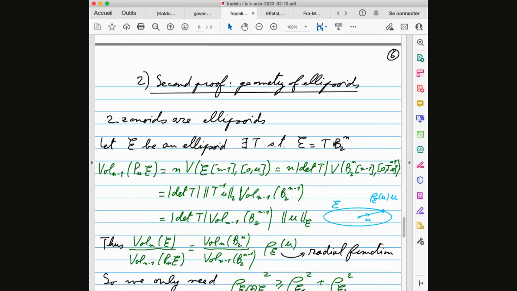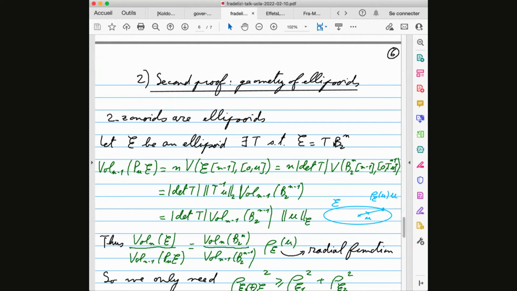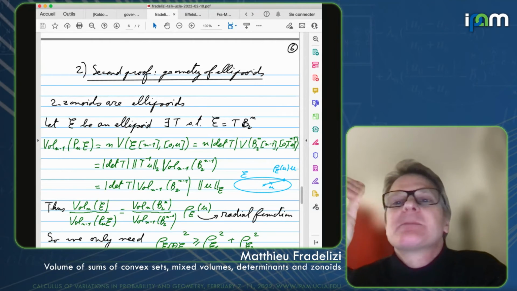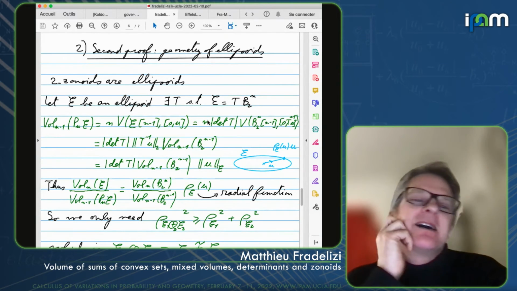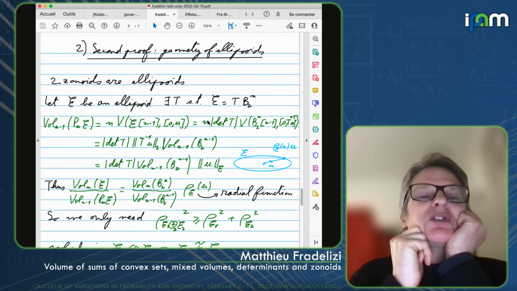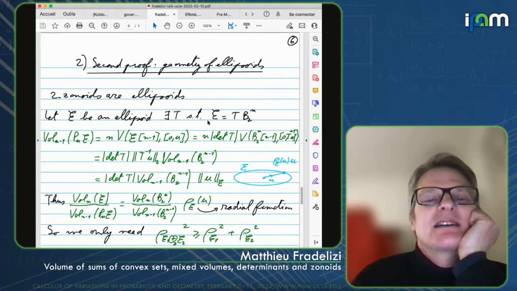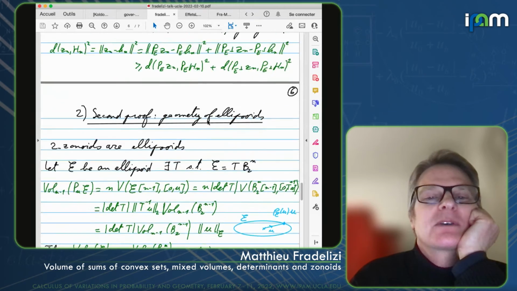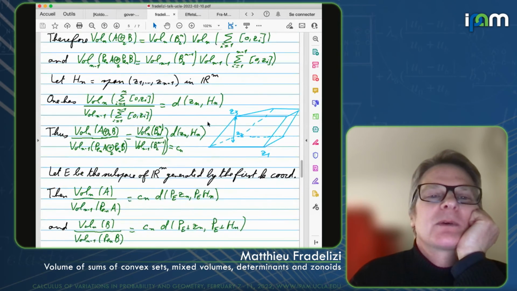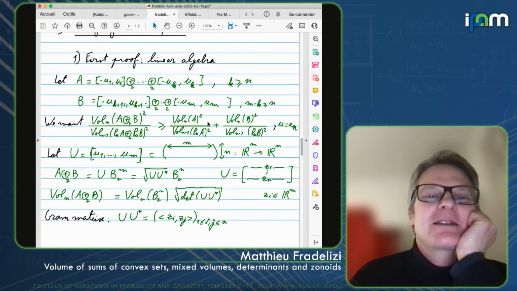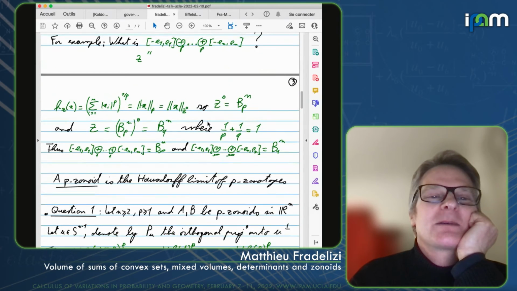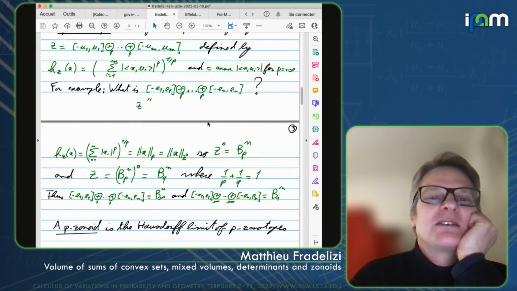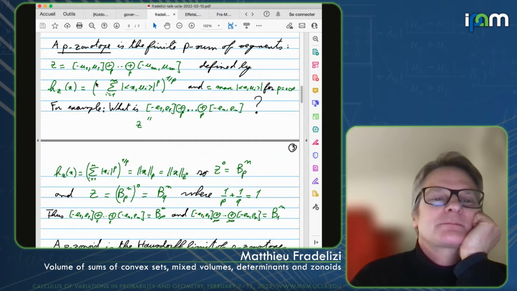Okay, and now I have an even shorter proof that we found, and we use the geometry of ellipsoids. So what we use is that, in fact, it's a bit strange, but p-zonoids, if you look at it, let's come back maybe. I'm sorry, I'm moving up and down, but okay. Let's come back to the definition of p-zonotopes. P-zonotopes was like this.